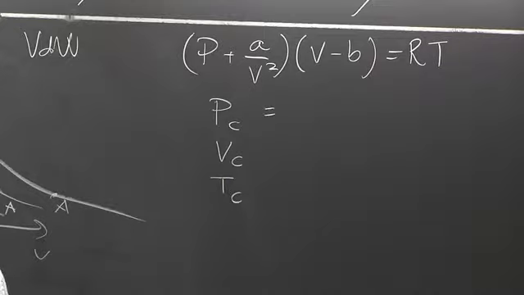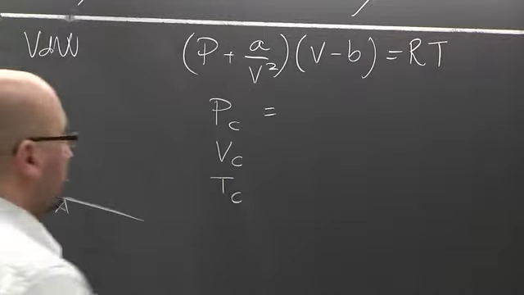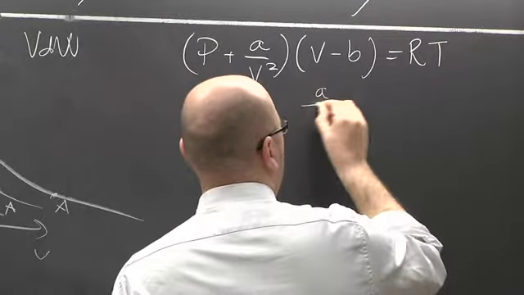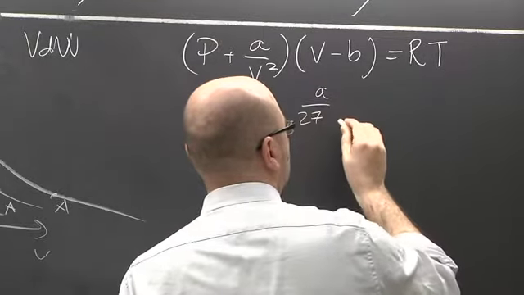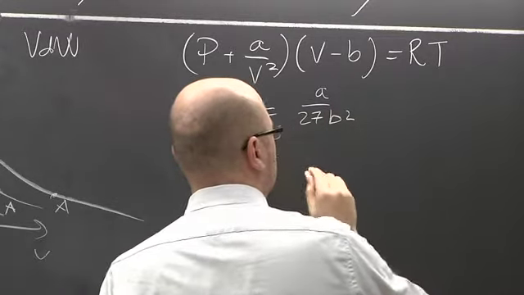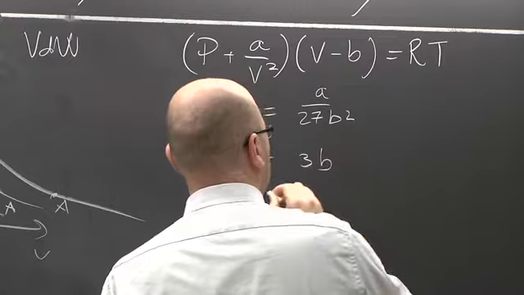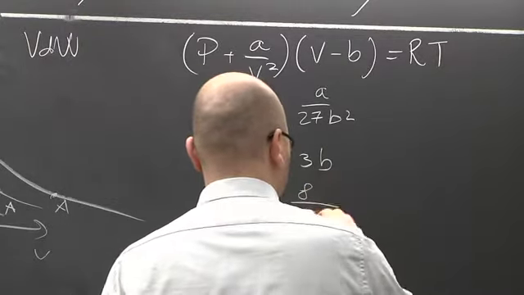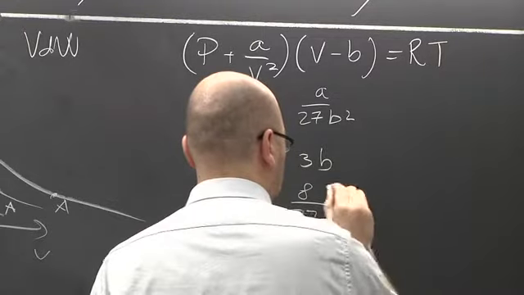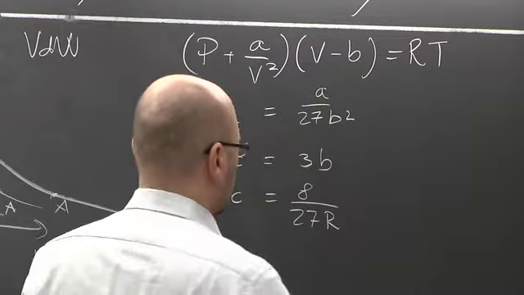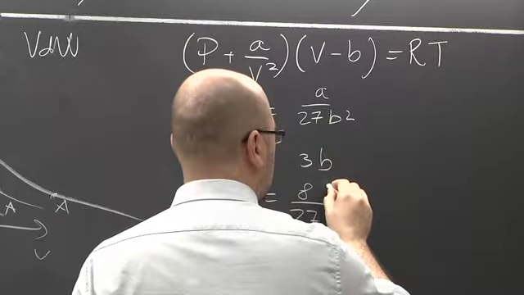PC is A over 27 B square. VC is 3B. And TC is? 27R times something? Times B?